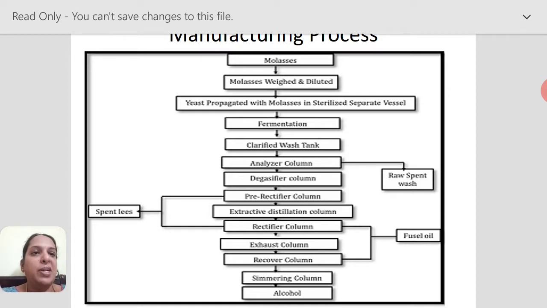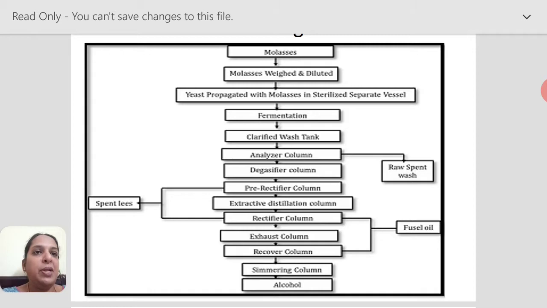As we know, from the sugar industry the byproduct we get is molasses, and this is a very important raw material for the production of alcohol in the distillery industry. The molasses is first weighed and diluted, and yeast is added along with it, and it is subjected to fermentation.